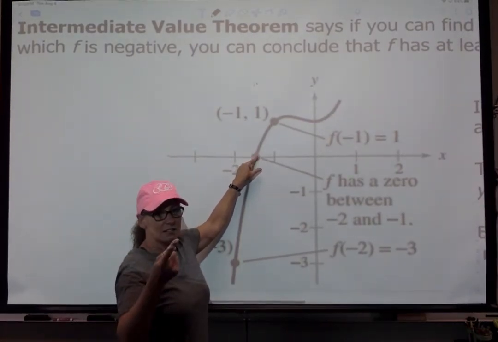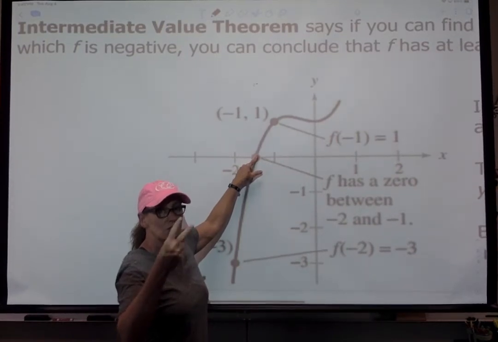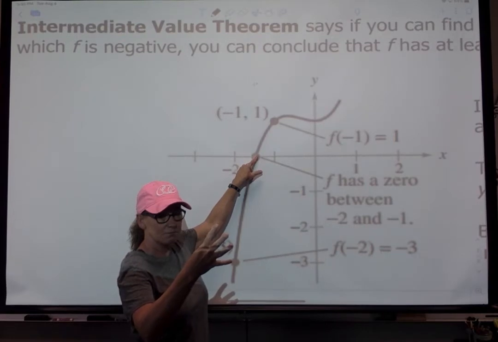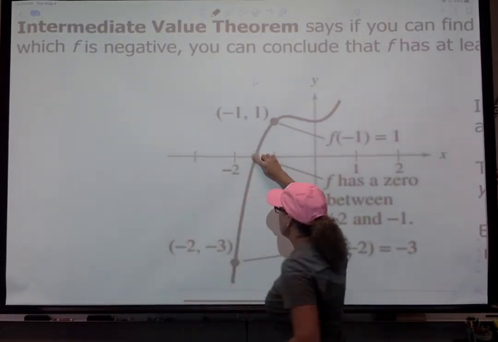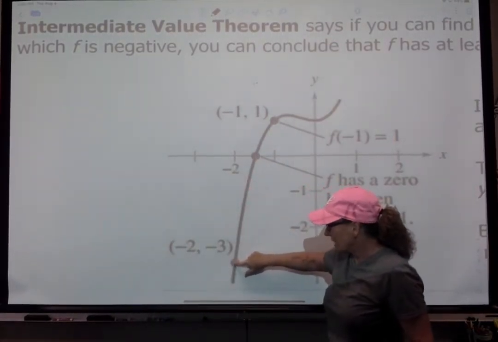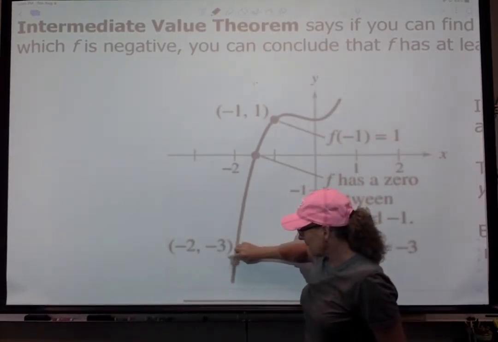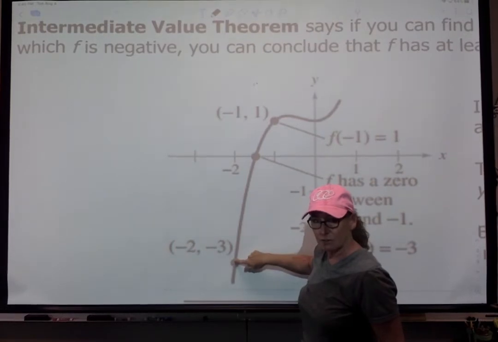This is an x-intercept, a root, a solution, a 0. Okay, so look at this ordered pair right here. Do you see how the y value that goes with this ordered pair is negative?